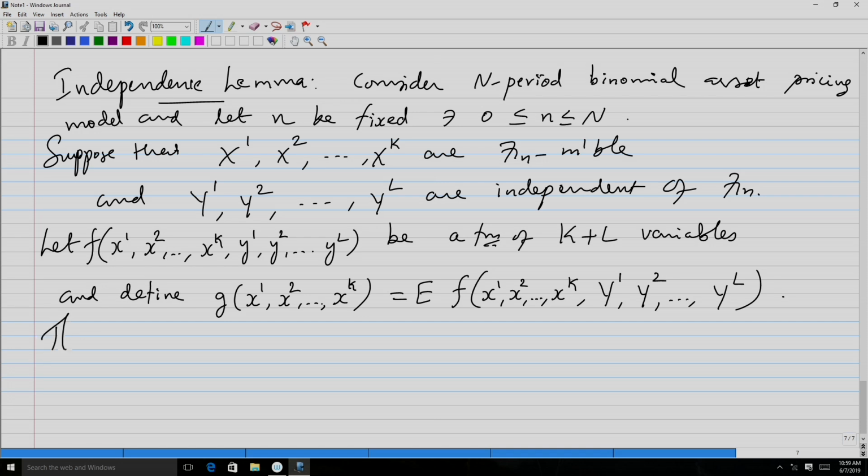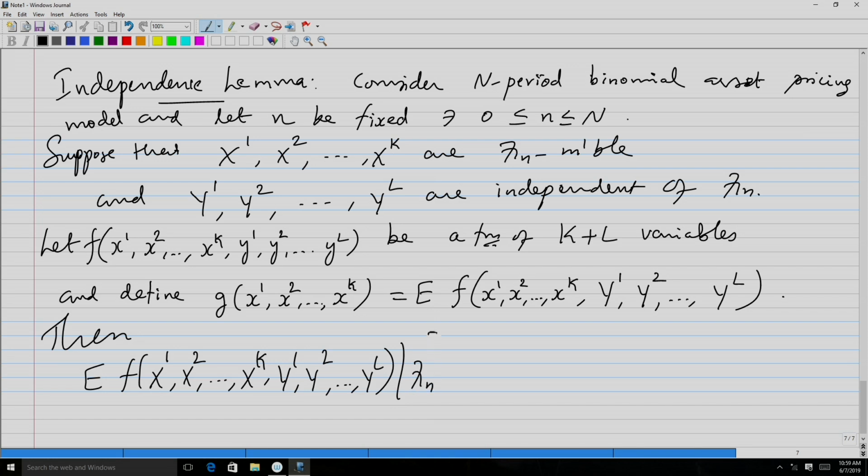Then what you have? Expectation of f of x1, x2 and so on, xk, y1, y2, yl given Fn is simply g of x1, x2 and xk. This is what this says.